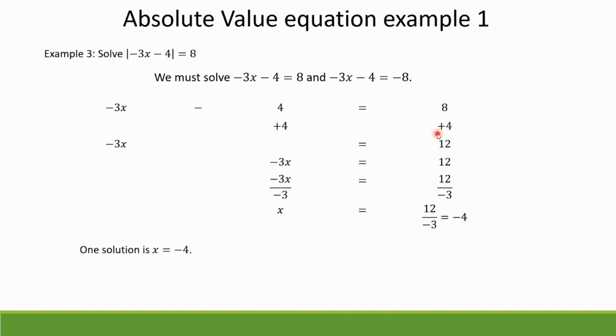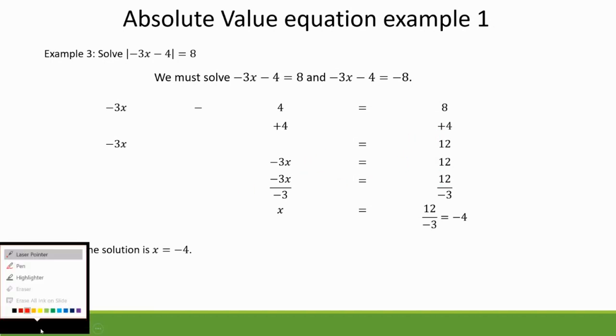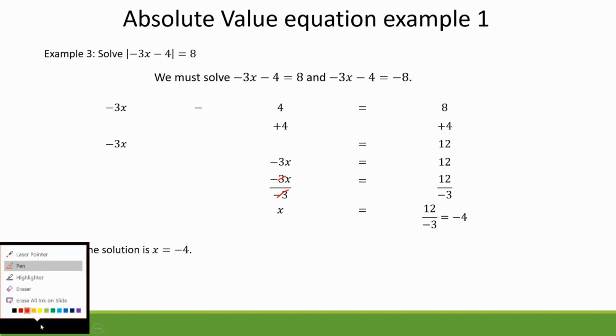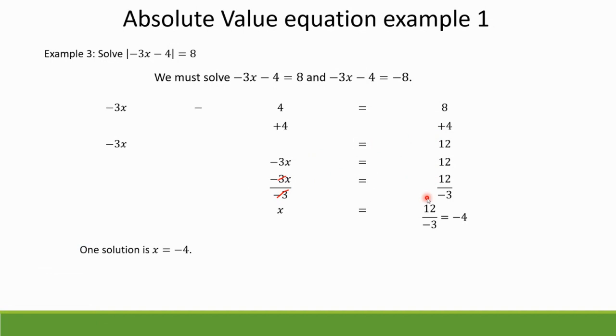We don't want -3x, we want x, so we divide by -3, and these are going to cancel. So we get x equals 12 over -3, which is -4. So for the first equation, our solution is x equals -4.